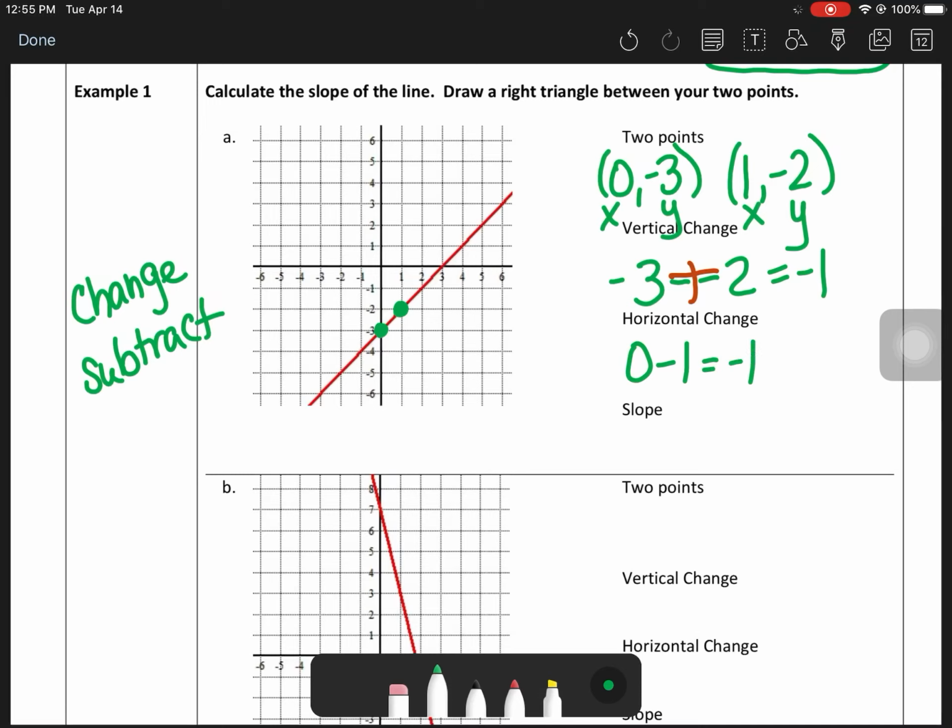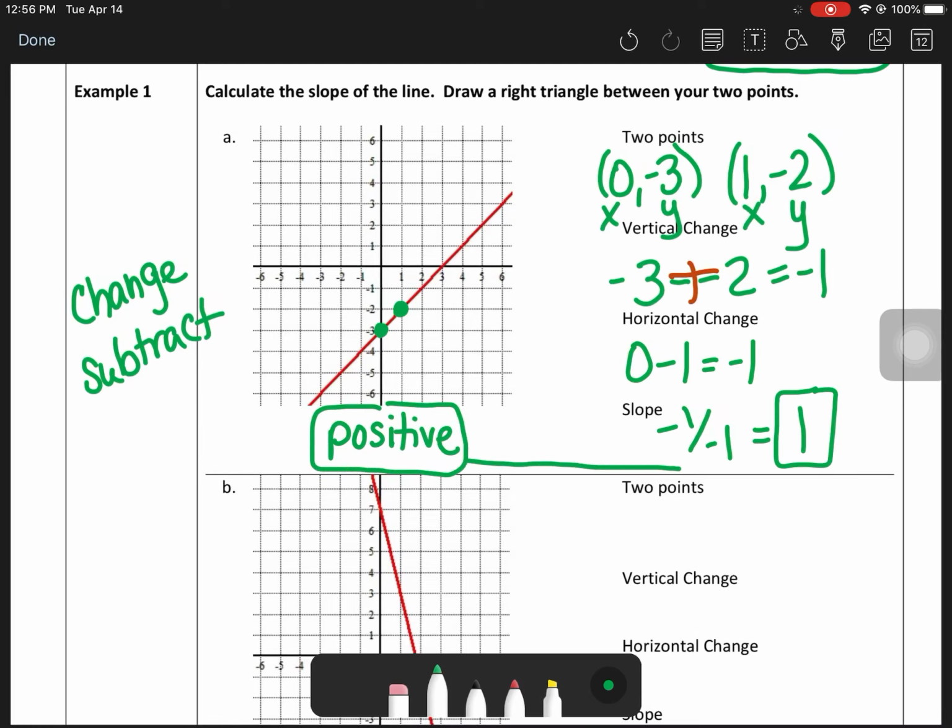So to find the slope, we write the vertical change over the horizontal change, and then we simplify. So a negative divided by a negative is a positive, and 1 divided by 1 is 1. And that matches our line because our slope goes up to the right, and so we know it's positive, and that matches our number, which is a +1.